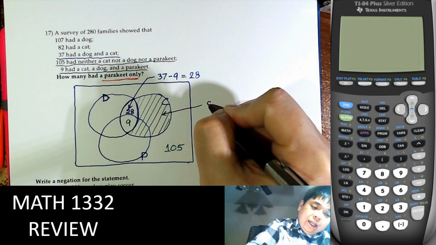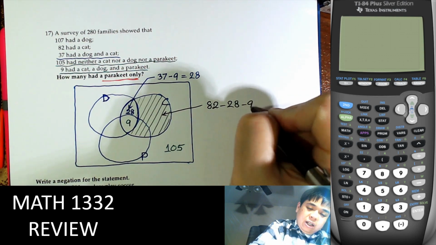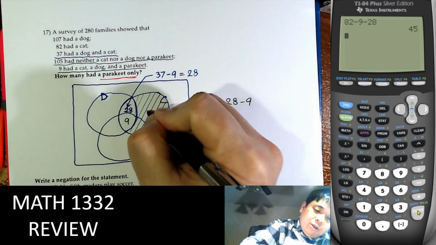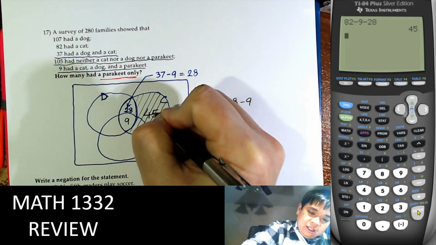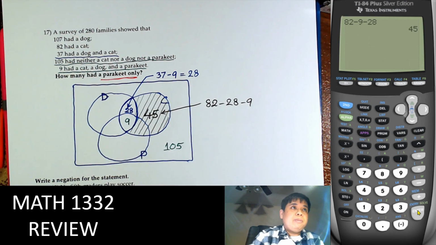So 82 had cat minus 28 minus 9. I haven't used a calculator here, so I might as well just use it. 82 minus 9 minus 28. 45. So I have 45 here, that's only cat.